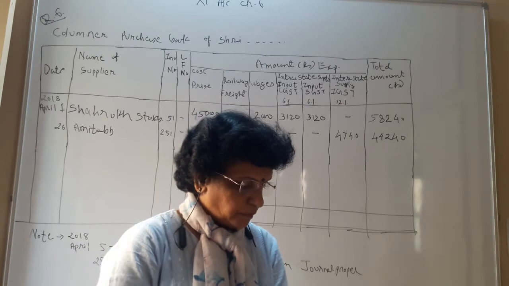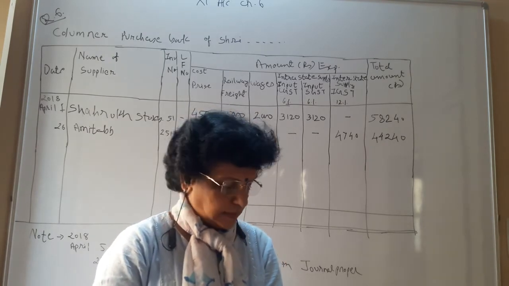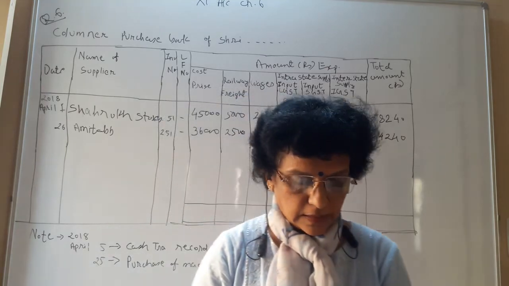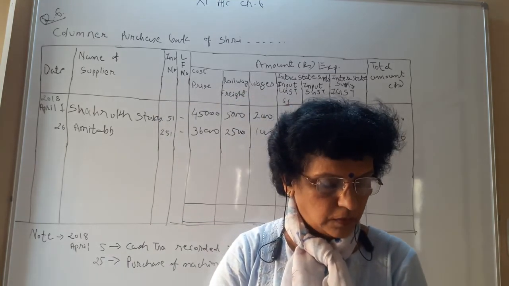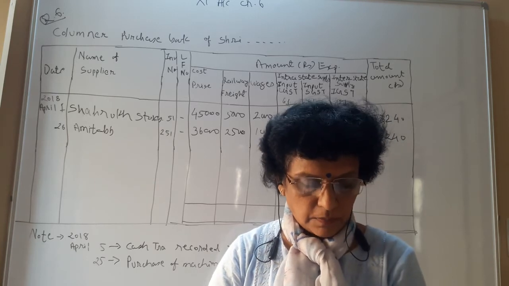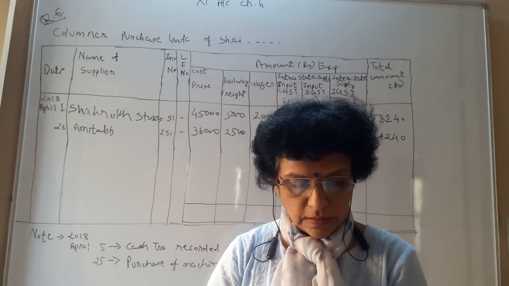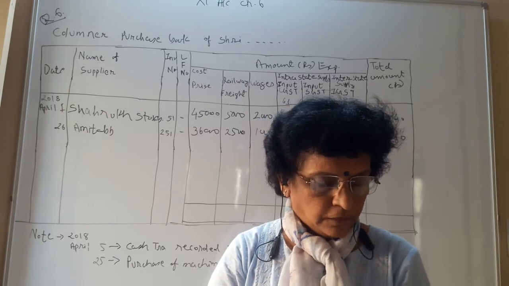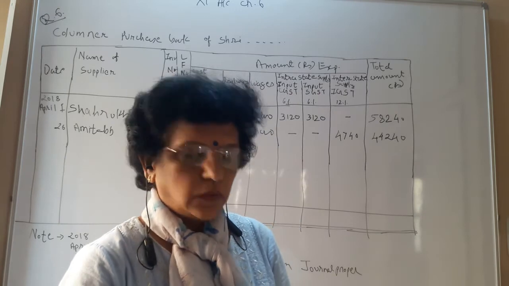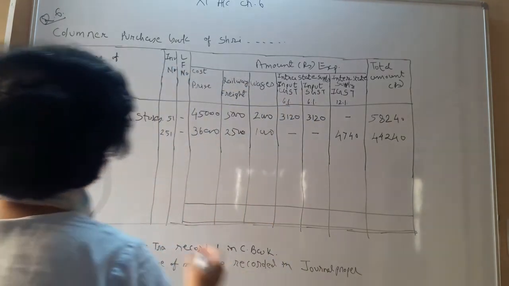Now let us see the 30th transaction: goods purchased of 25,000 at 10% trade discount, 5% cash discount from Anushka of Chennai, that is Tamil Nadu. Invoice number 44 is received inclusive of the railway freight of rupees 500. So this transaction we need to record on the 30th.